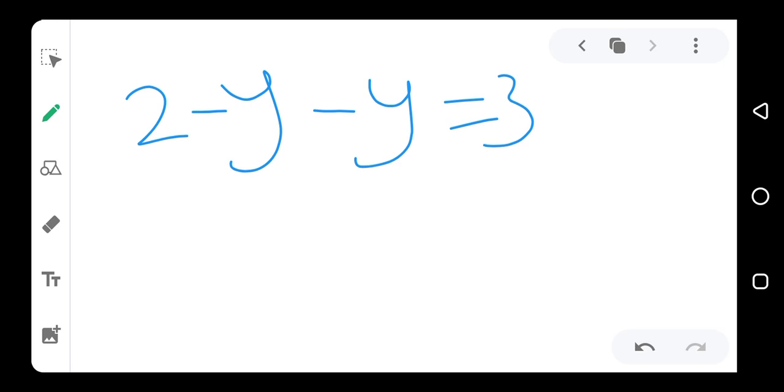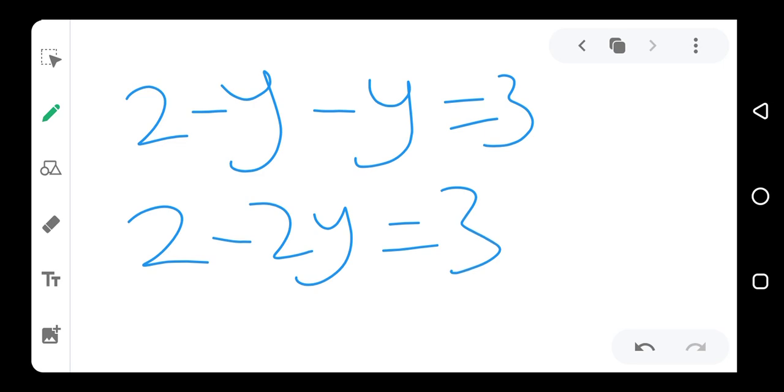And now we have minus y and minus y, so 2 minus 2y is equal to 3. That is, these two y's combined, and both of them have minus, so we put minus 2y, which is equal to 3.